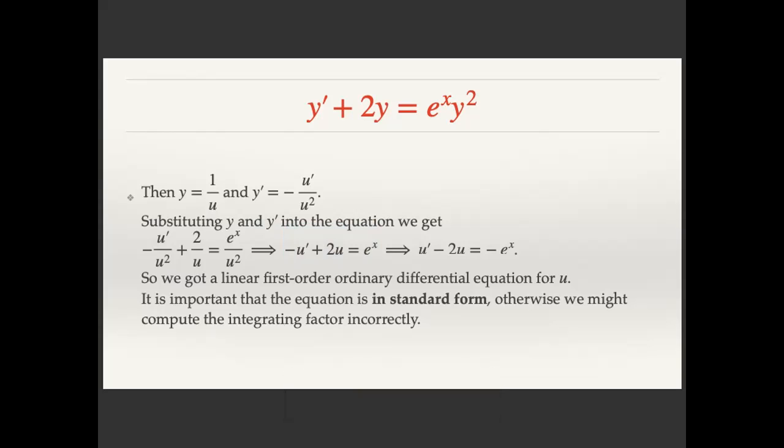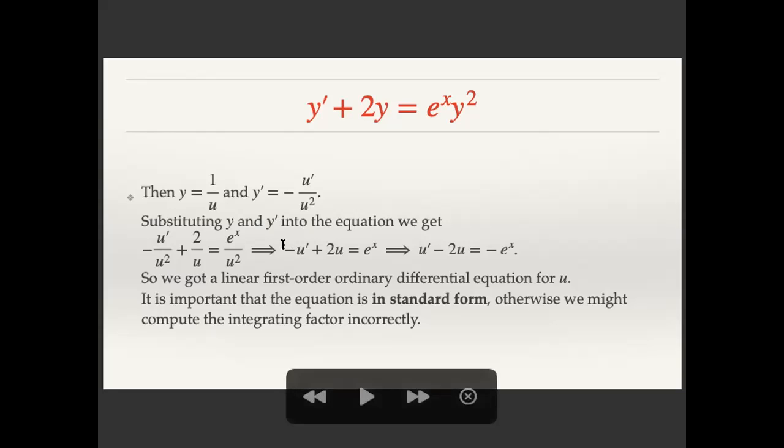It's still a linear first order equation, but this is not the form you should use to solve it, because if you do, you're almost guaranteed to make mistakes. So we multiply the whole equation by minus 1, and we get u prime minus 2u is equal to minus e to the x. Now the equation is in standard form, because it is of the form u prime plus some coefficient times u is equal to the source term.